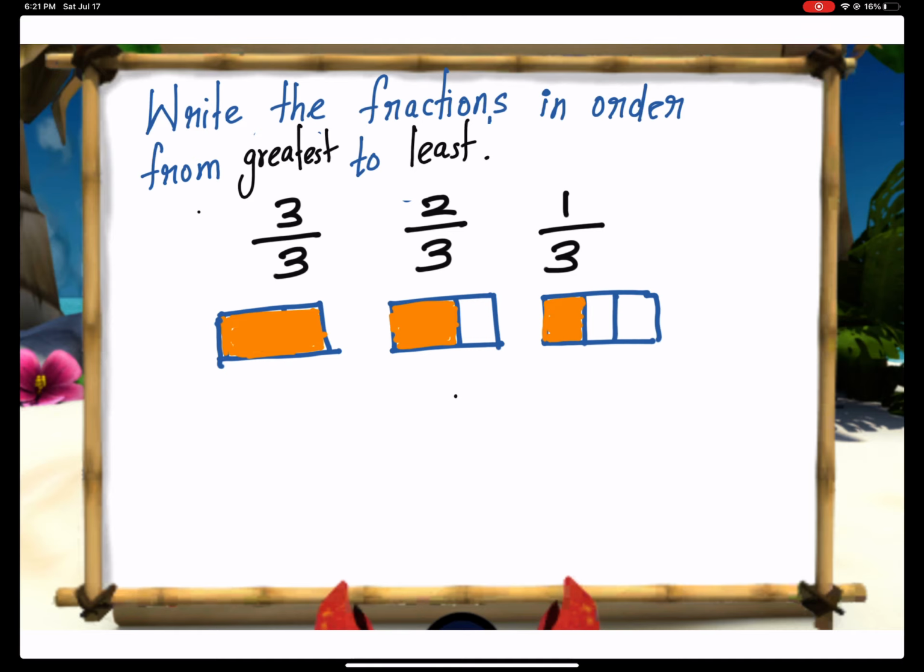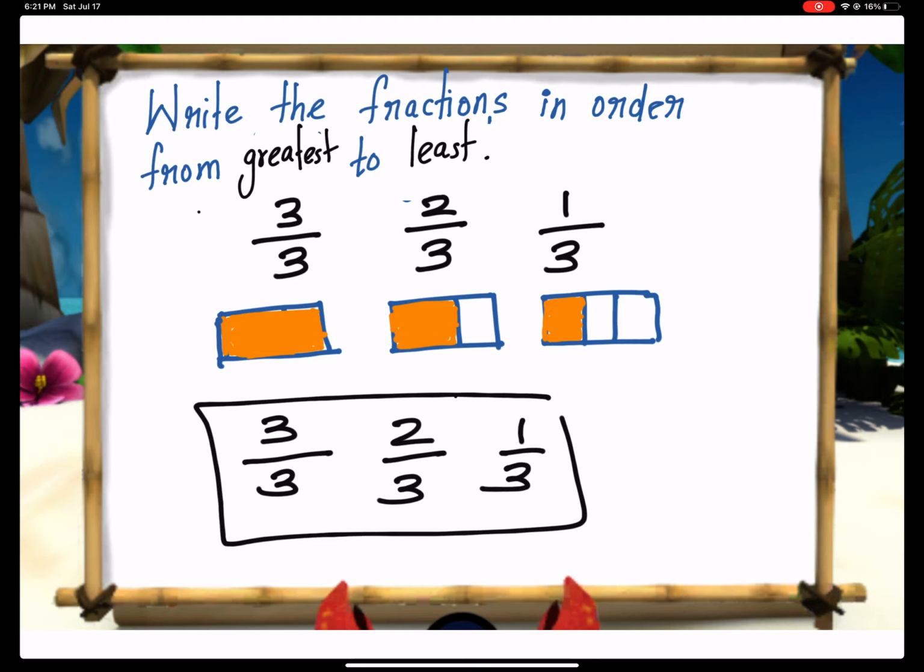So if you see the picture, the greatest will be 3 by 3 because the whole rectangle is colored. So 3 by 3 goes first, and then the next smallest is 2 by 3. So 2 by 3 goes next, and the least one is 1 by 3. So 1 by 3 goes last.